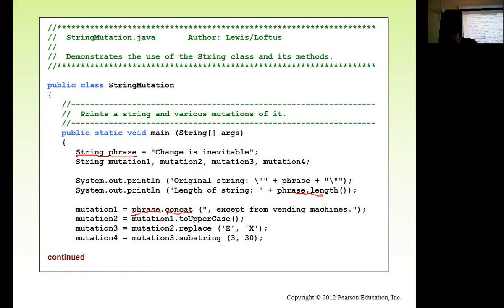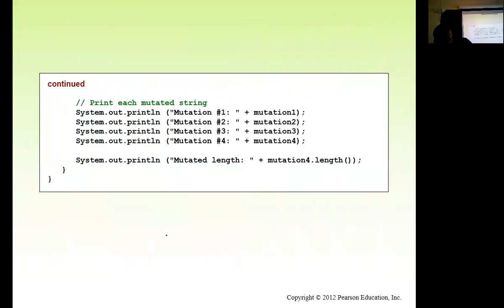Then what we do with mutation1, we change that to uppercase and put it in mutation2. You see that? Then we replace all the E's in mutation2 with X. Then we take the substring from position 3 to position 30 of mutation3 and put it in mutation4. All right? You will spend a little bit more time playing around with that. And then we print out all of them, along with the length of mutation4.